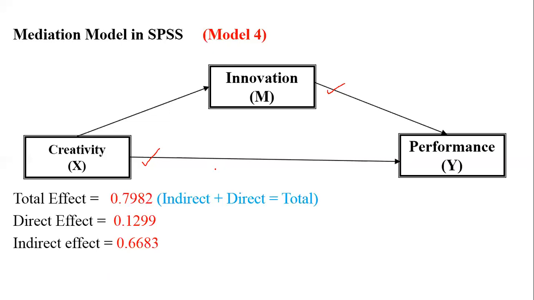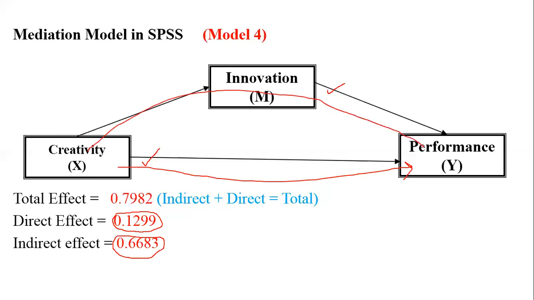Some people believe in these terms and some people do not, but just for the sake of understanding, because now we are saying that part of the effect, which is this one, is going from here to here directly without the mediator's help. And part of the total effect is moving through the mediator to the dependent variable.